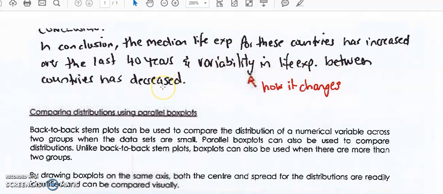It's not as spread out anymore. It's actually getting narrower because the IQR and the range in 2010 have become less and less. You can also talk about the numbers, about how it changes, the values that the IQR and the range take. But this right here will count as a good conclusion.